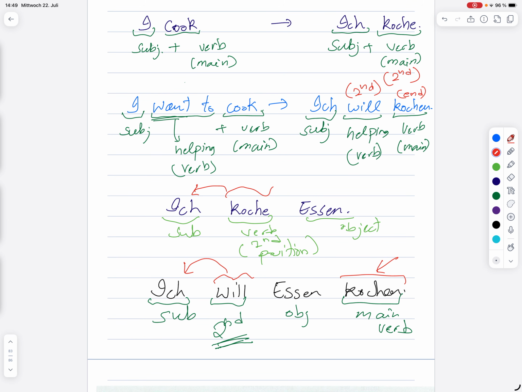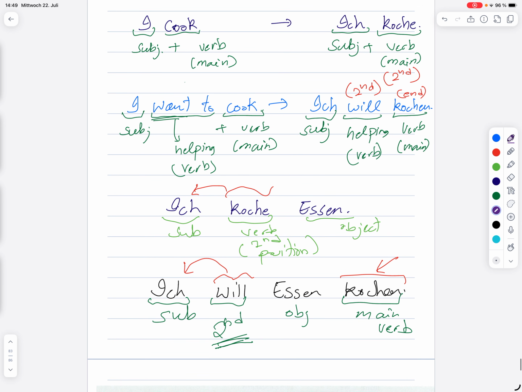This is the structure when you use a modal verb. It helps you to express a feeling, like I want to cook or I have to cook, and another kind of modal verb for I may cook the food. These kinds of sentences we can make using modal verbs.